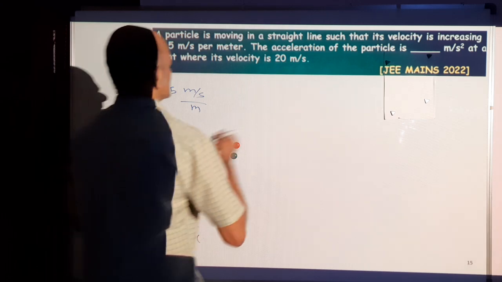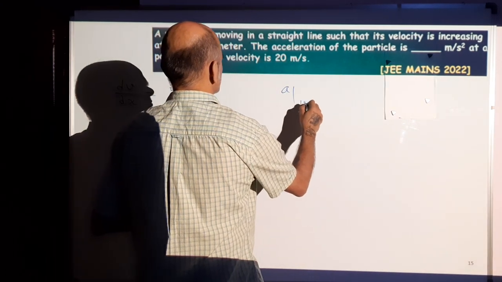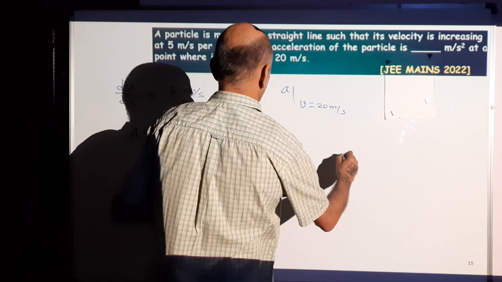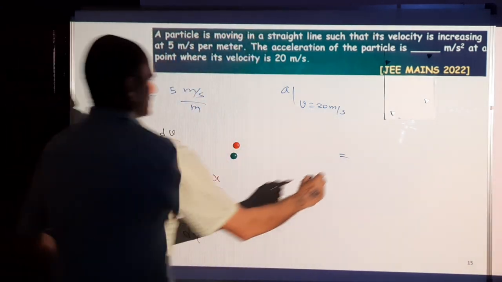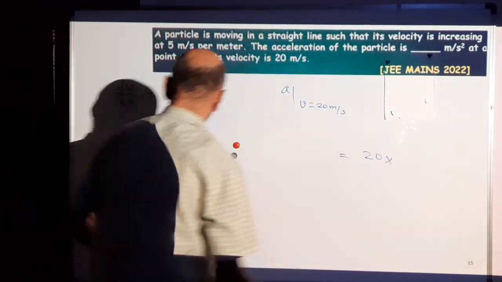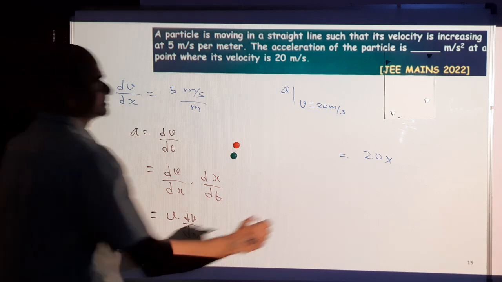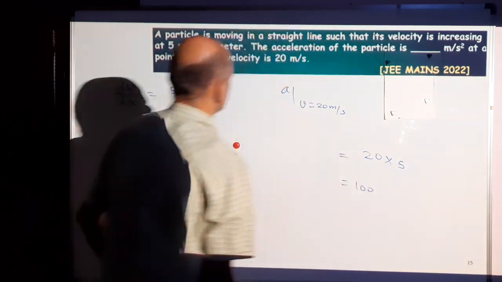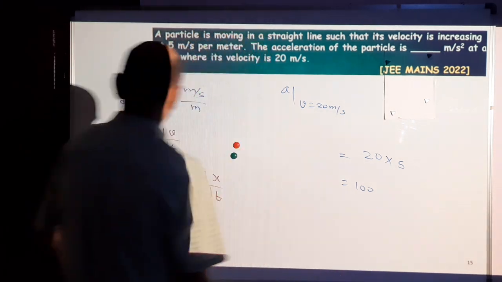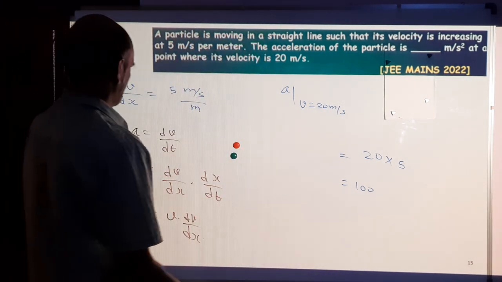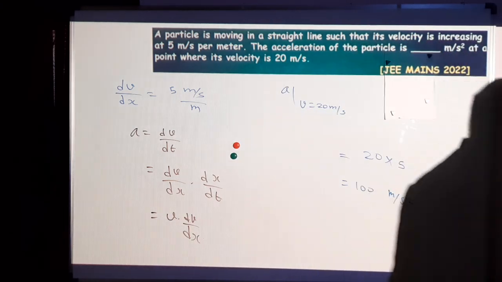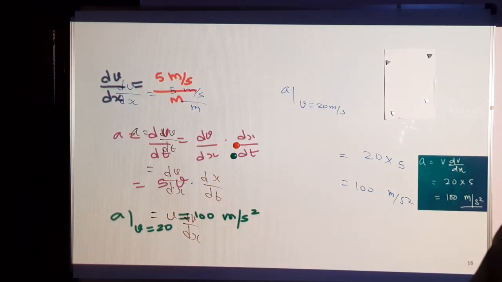So here in this you have to put acceleration at velocity equal to 20 meter per second. So in this put v equal to 20, and dv by dx is given in the question as 5. It will be 100. That is the correct answer.